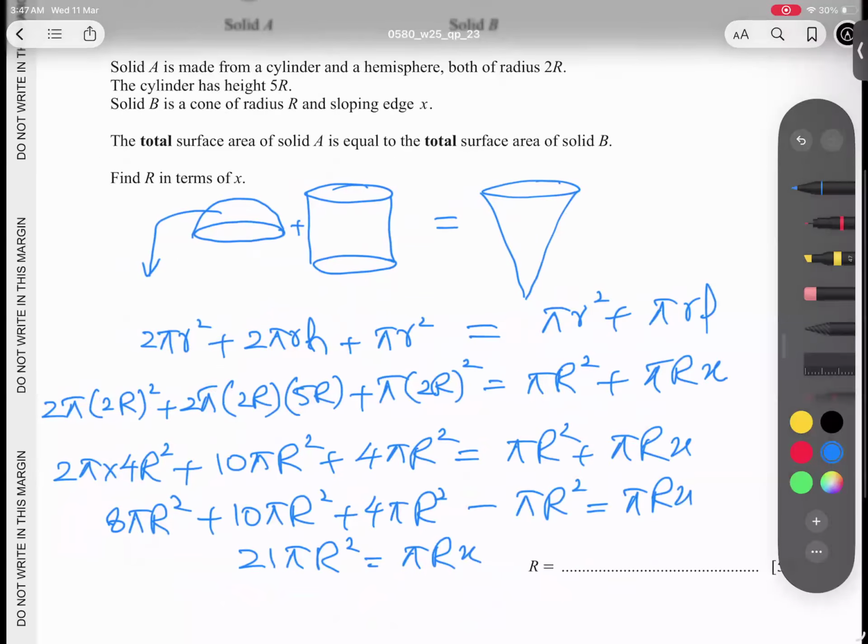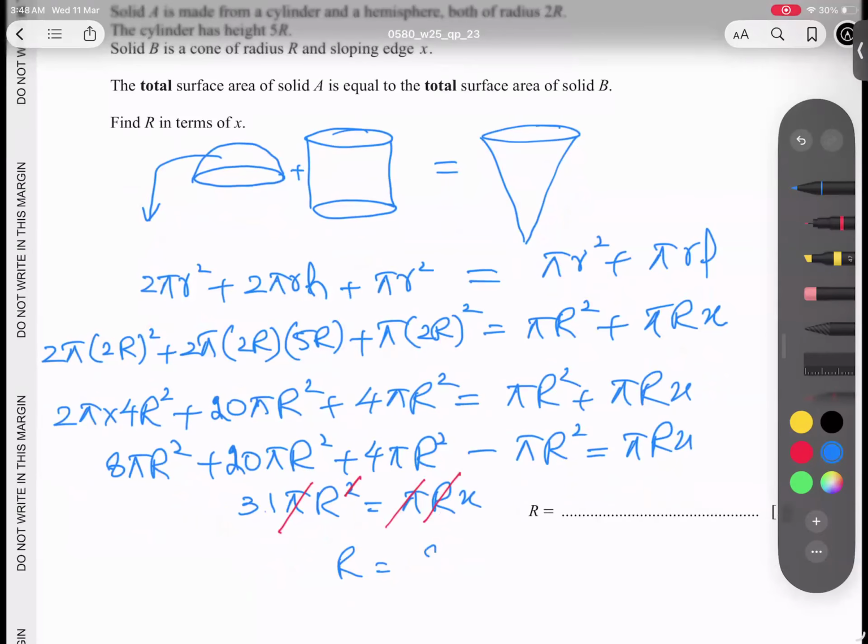Now pi will go down, because I've made R the subject. Look at here, students. If R goes down, R cancels out. I can cancel directly. R cancels, pi and pi cancel out, and my answer turns out to be R equals x over 31.